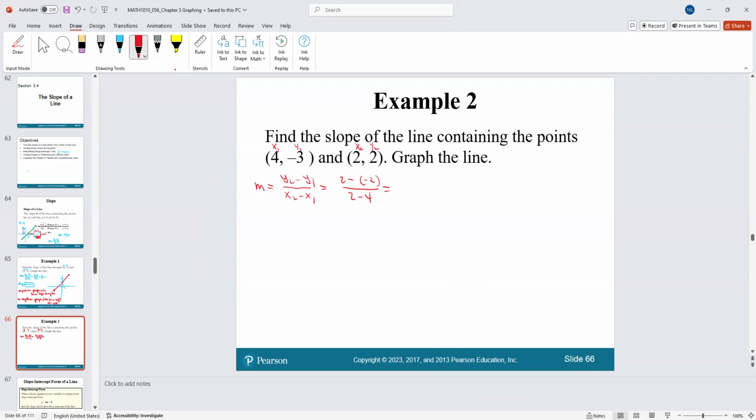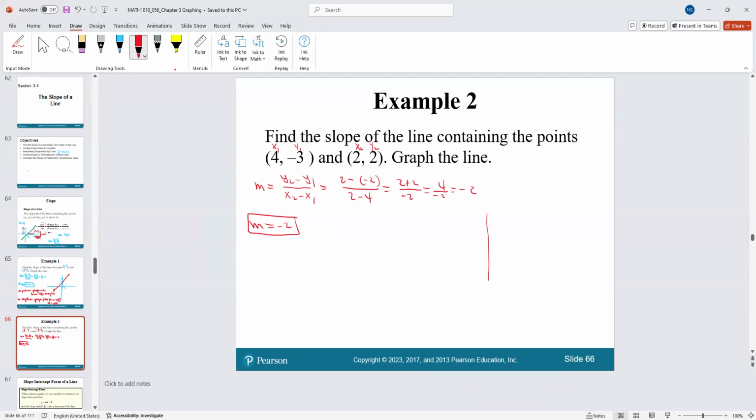So that would be 2 plus 2 over -2. 4 over -2 equals -2. Now remember this slope right here, as you can see, it's negative. When I graph, I would already see the graph would fall from left to right, okay? So you will see the graph would fall from left to right.